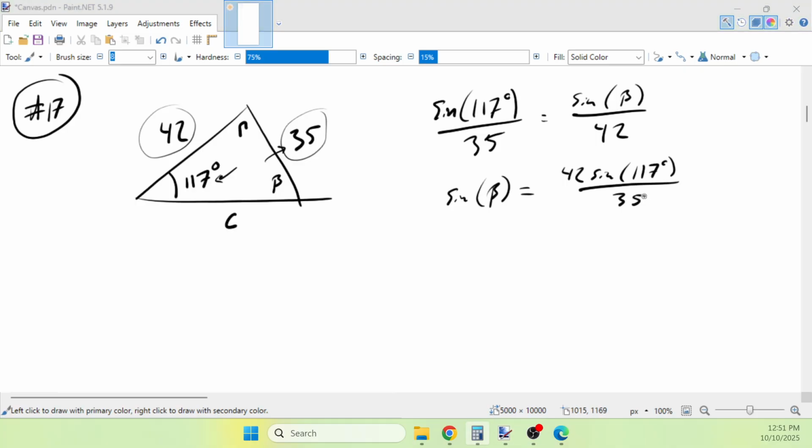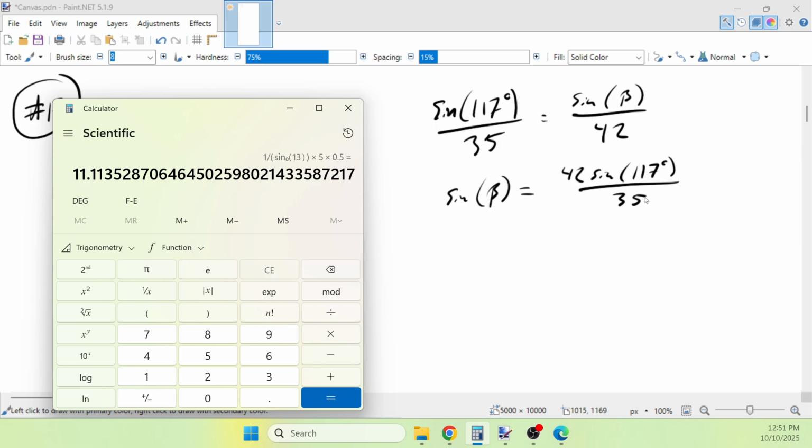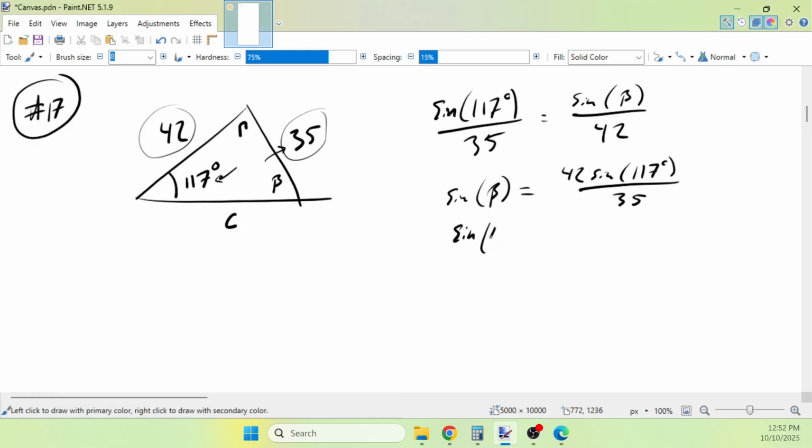Plug this in the calculator. Plug in 117, sine of that, multiplied by 40 over 35. I get 1.06, and that's beta.